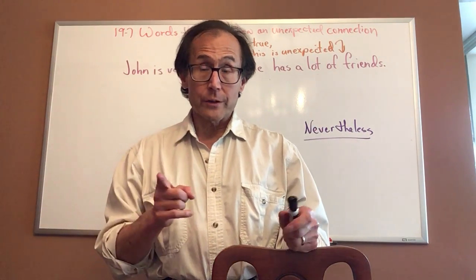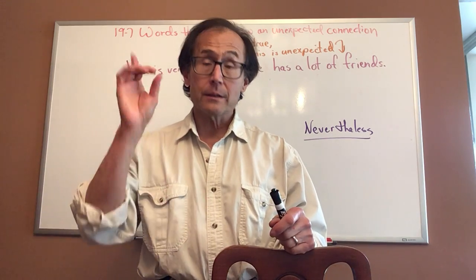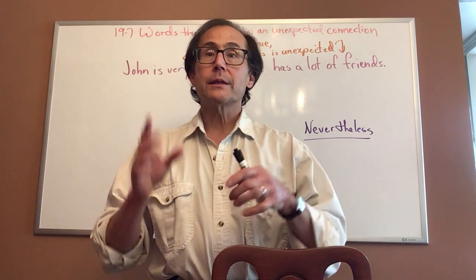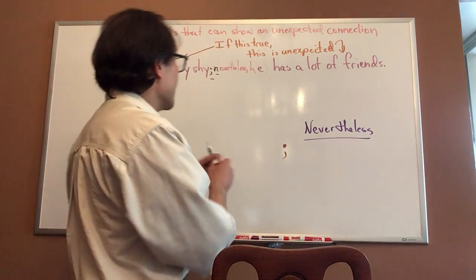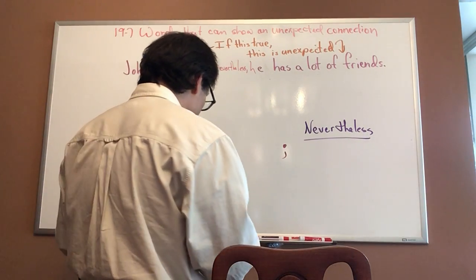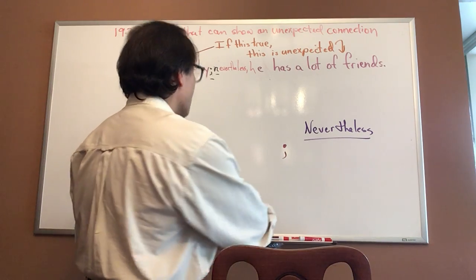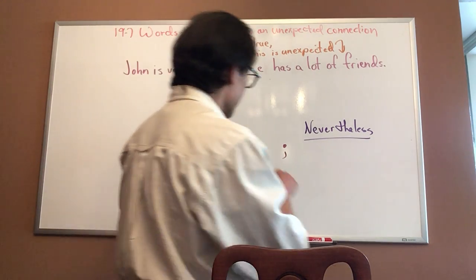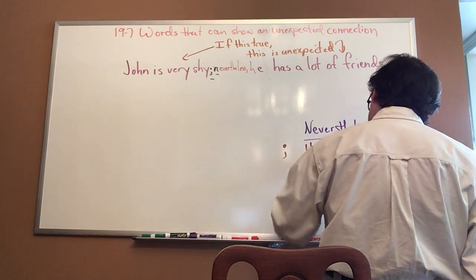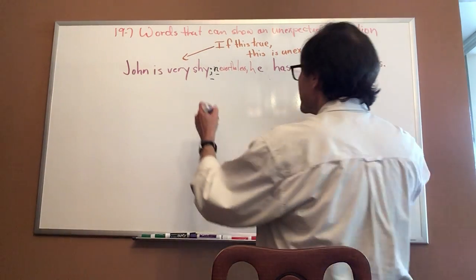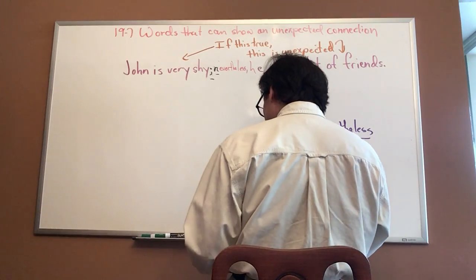Now, there's one more word that's the same family that we can use to show that this is an unexpected result. I could also say, however. So I could say, John is very shy.